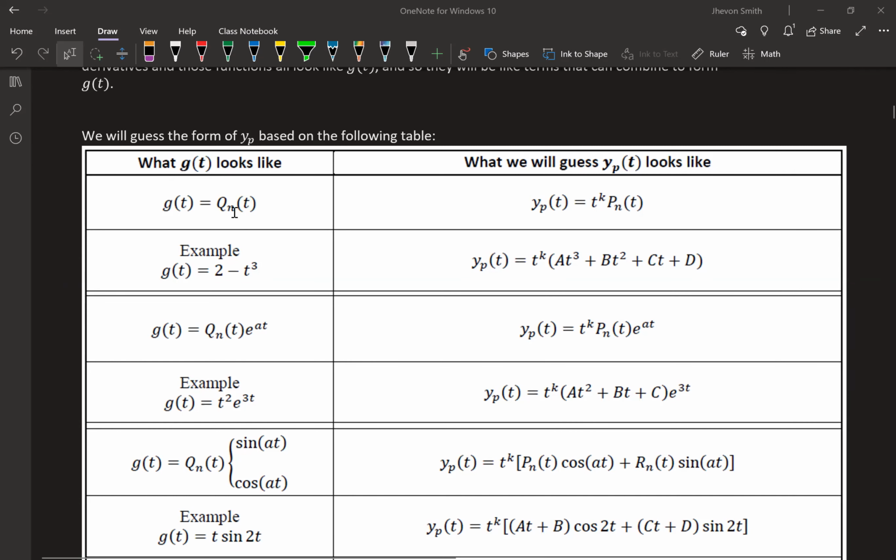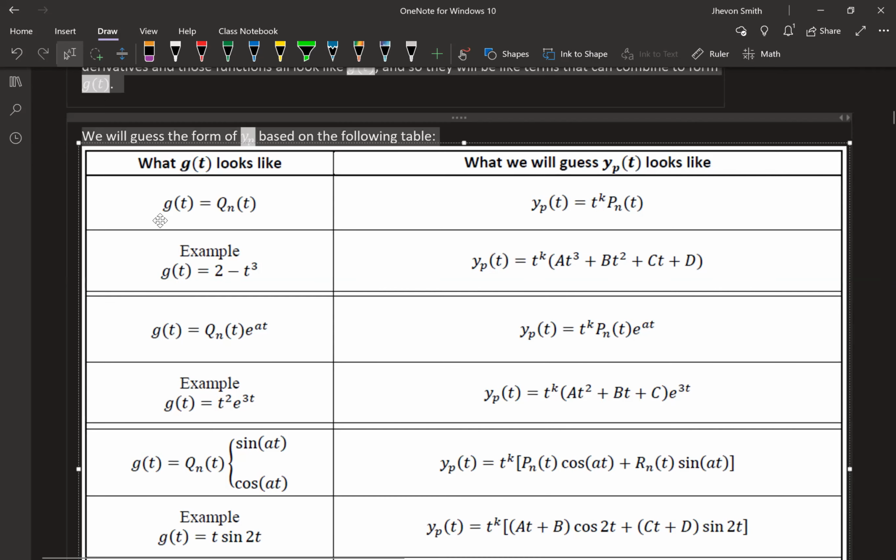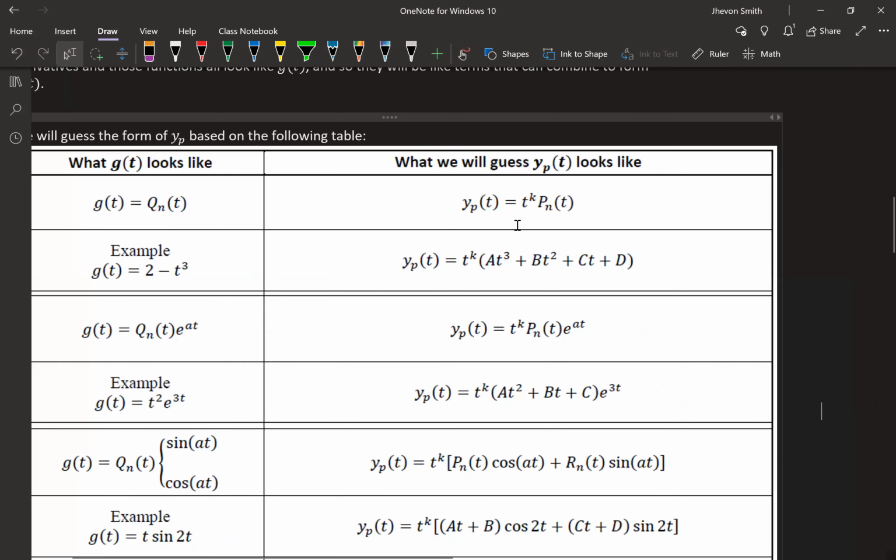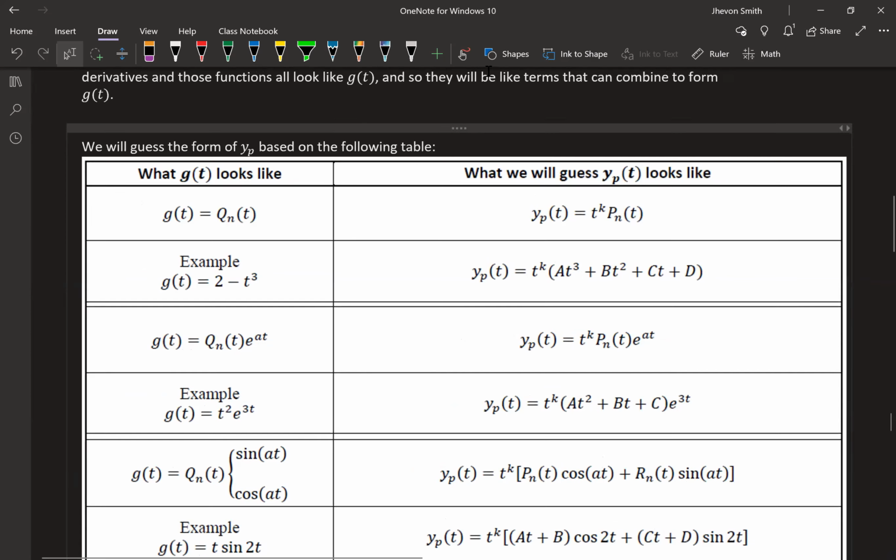What you're going to want to do, based on your G, is find the most generalized version of that type of function that will look like the G, but at the same time, it's not going to overlap with any part of your homogeneous function.